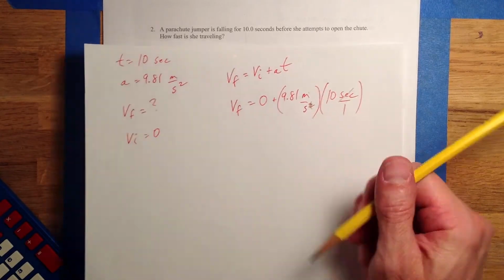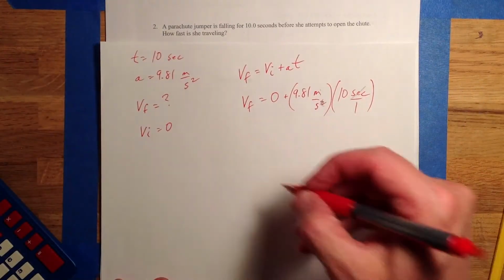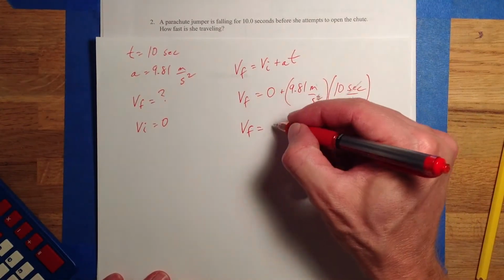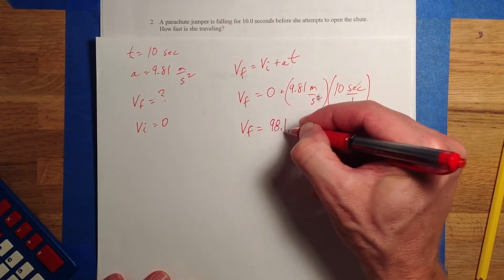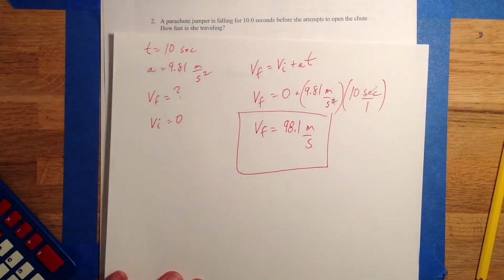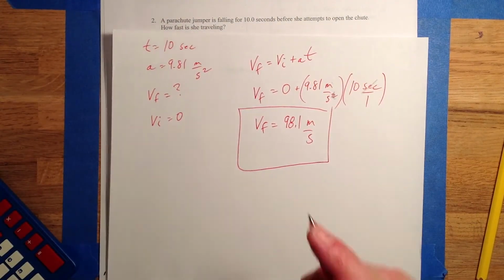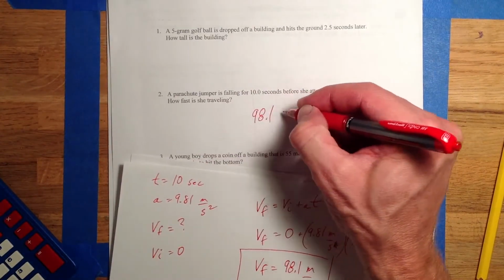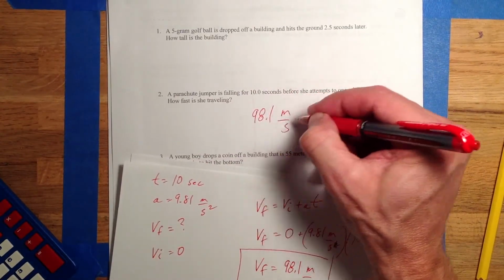Final velocity will be in meters per second, and 10 times 9.81 will be 98.1 meters per second. There you go. That's number 2 on the back. 98.1 meters per second.